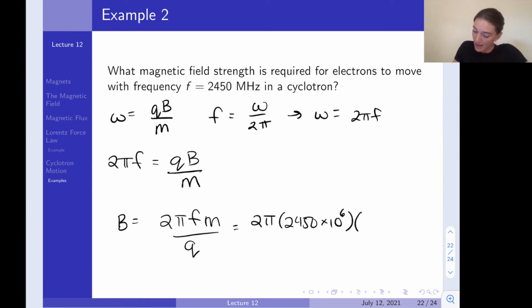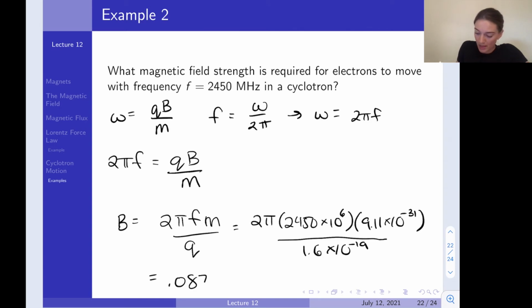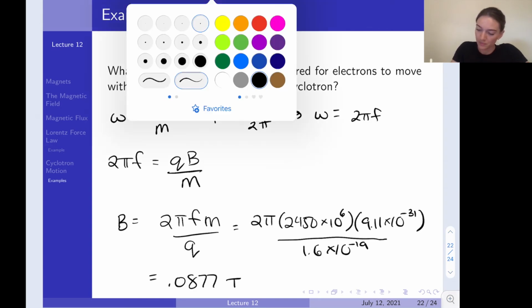And then the mass of an electron is 9.11 times 10 to the negative 31 kilograms. And then the charge of an electron is 1.6 times 10 to the negative 19. So just plug all that into your calculator, and this becomes 0.0877 Tesla.